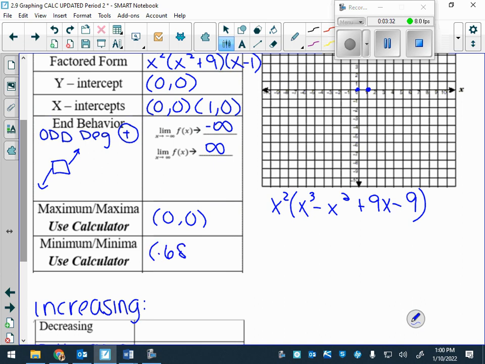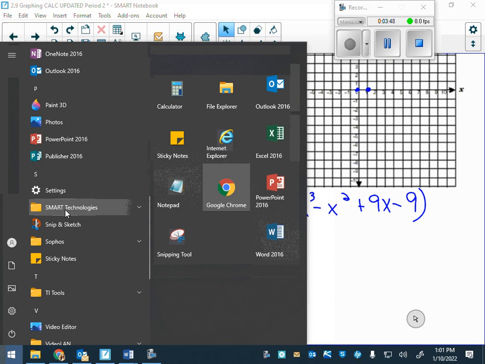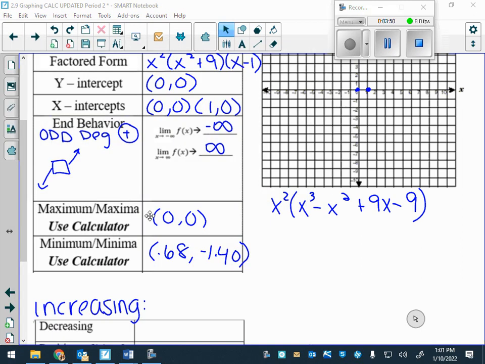Your minimum, rounding to the hundredths, should get something like this. Okay. So since there are still questions on this, okay, or we didn't get it, we're going to enter it in your calculator.